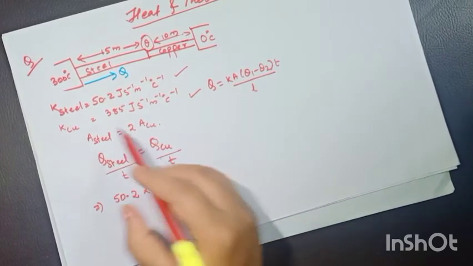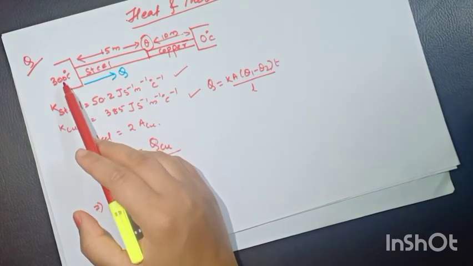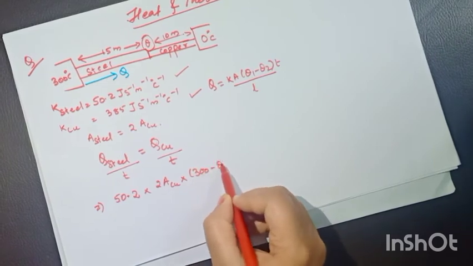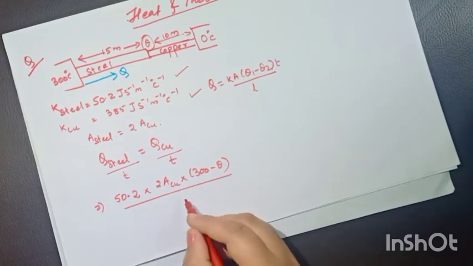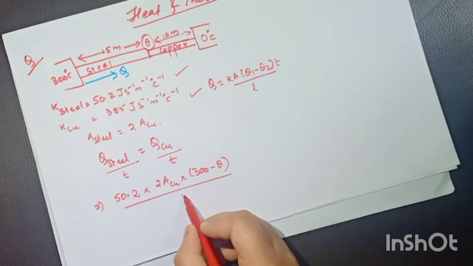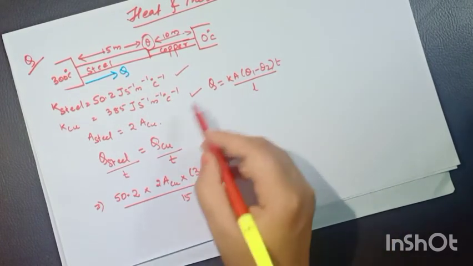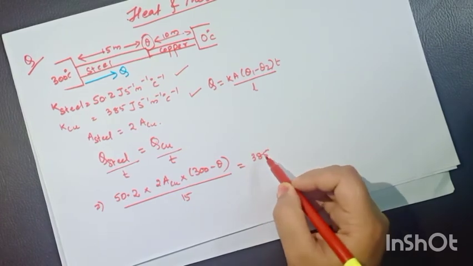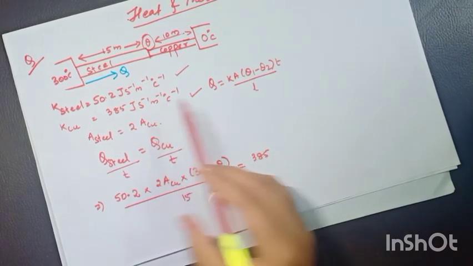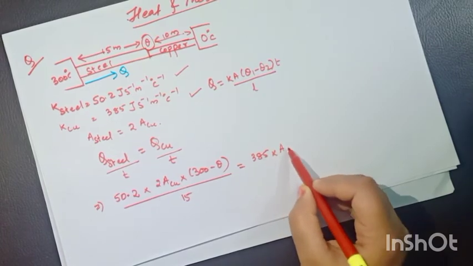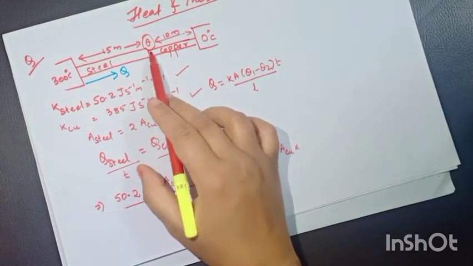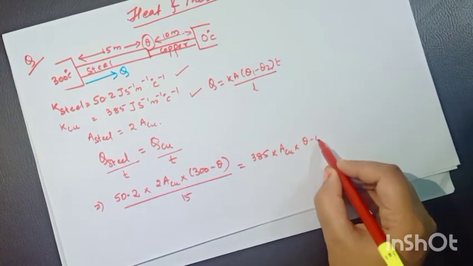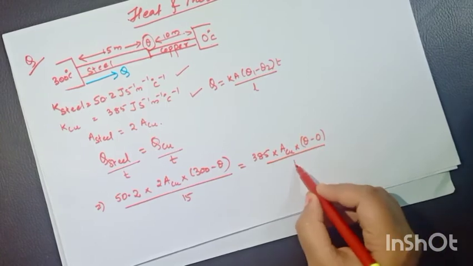The temperature difference for steel is 300 minus theta, divided by the length of steel, 15 meters, which equals the coefficient of conductivity for copper, 385 joules per second per meter per degree Celsius, into the area of copper, into the temperature difference for copper, theta minus 0 degrees, divided by 10.